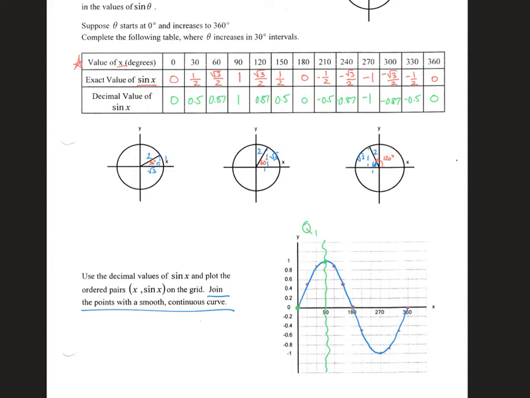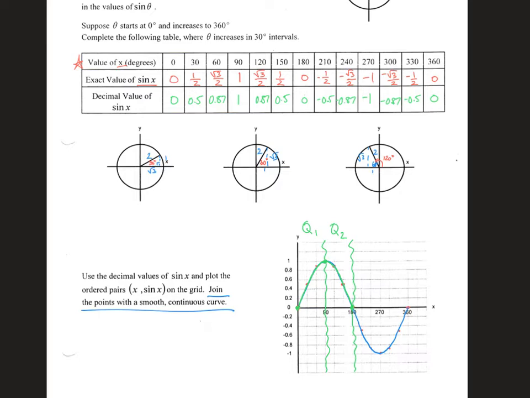And so we'll notice that our sine curve starts at 0 and then rises up to hit its peak at 1. Once we cross over and enter quadrant 2, you'll notice that your graph starts to fall in value. As it falls, we get back to 0 at the end of quadrant 2 at 180 degrees.